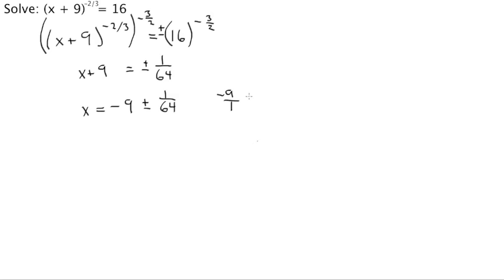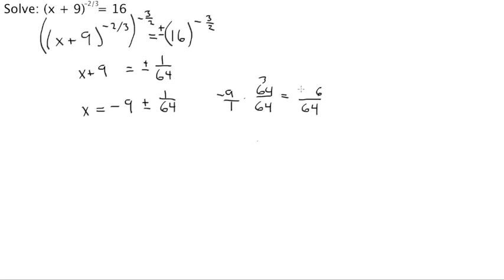Right now it has a denominator of 1. We want a denominator of 64, so we're going to multiply top and bottom by 64. So that's going to give us 64 on the bottom. 9 times 64, let's see here, 9 times 4, that's 36. Carry the 3. 9 times 6, that's 54.